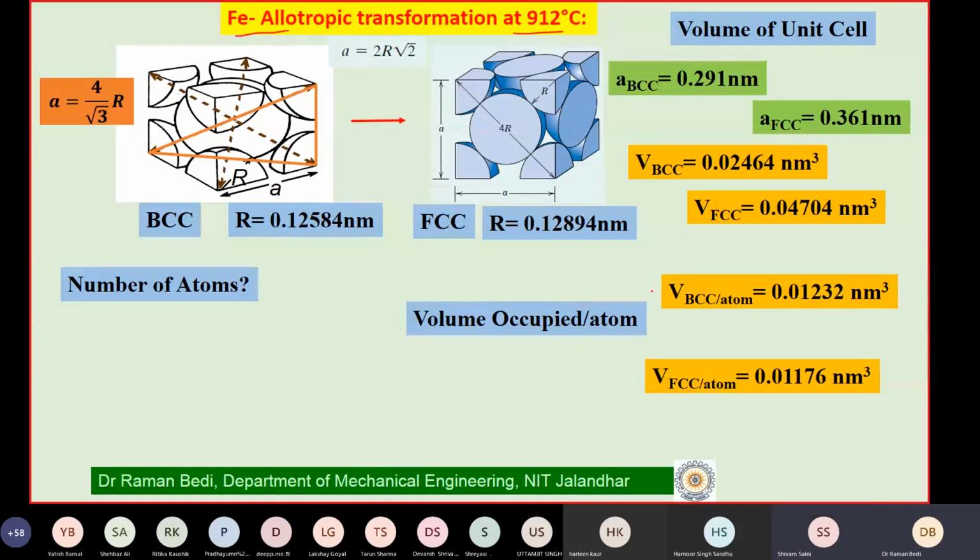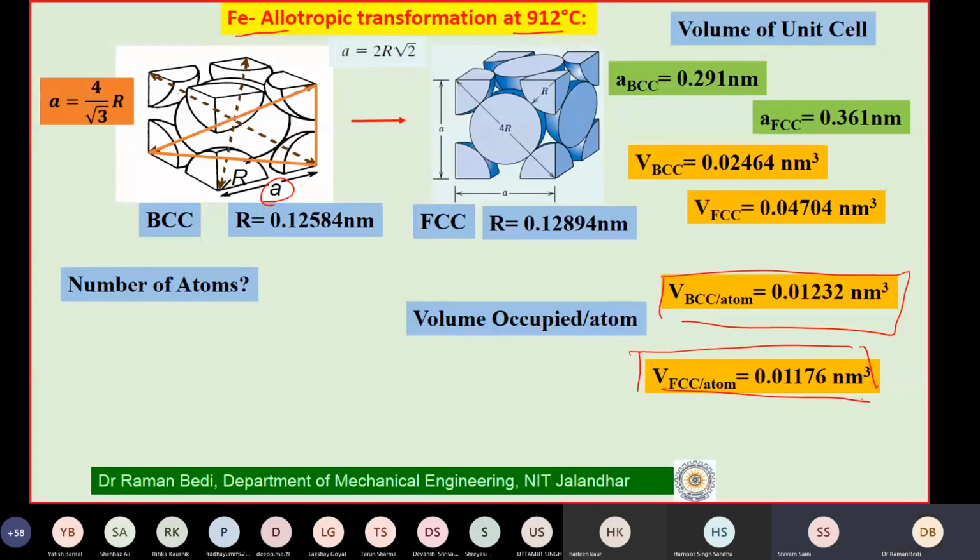We calculated there that because the packing fraction changes, the APF changes, the unit cell size changes, the number of atoms in the unit cell changes, and that is why we find that the volume occupied per atom in the case of BCC is 0.12 nanometers cube, and for FCC it happens to be 0.011 nanometer cube. Which tells me that the volume of iron on heating, will it decrease or increase? Volume of atoms, sir, decrease.